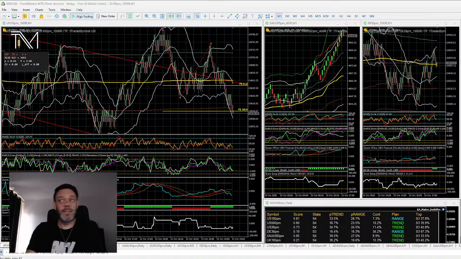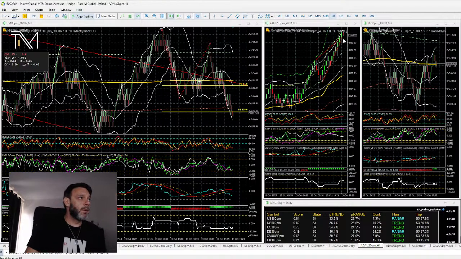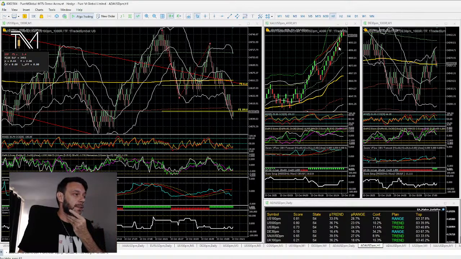Okay, so now Nasdaq is falling down. Gold is trying something after reaching 4100, but not time yet, and maybe it's better if you focus on Nasdaq.